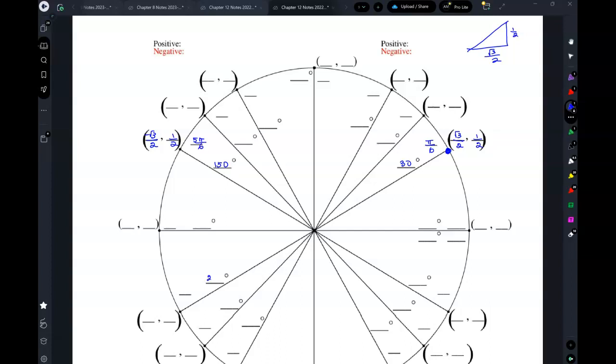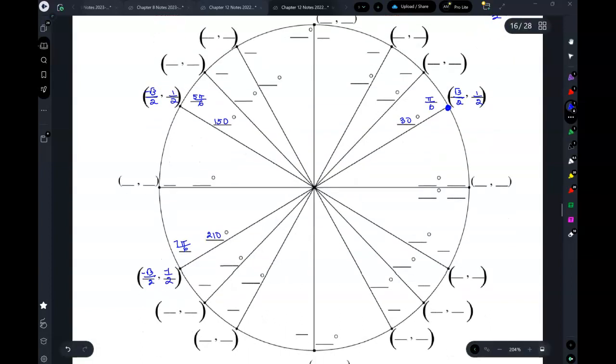Now here, 210 is 7 pi/6, correct? I go horizontally negative √3/2 and down how much? Negative 1/2. Then at 11 pi/6 or 330, to get to that point, I go horizontally √3/2 and down negative 1/2. You guys see how to do that?